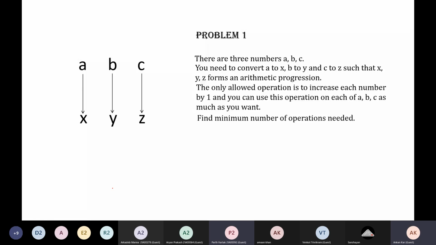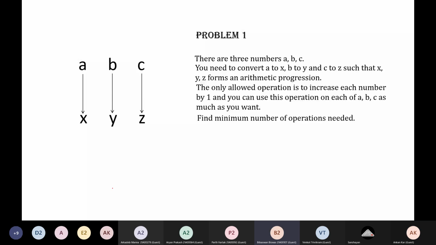But what will be the minimum number of operations depending on A, B, C? The answer will be exact. I think we can do it this way.